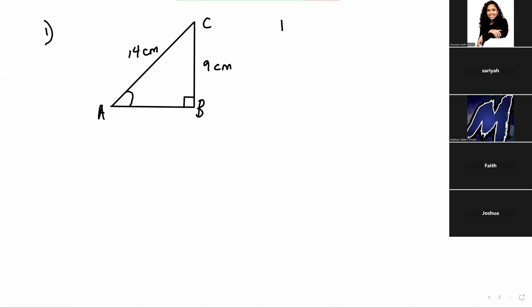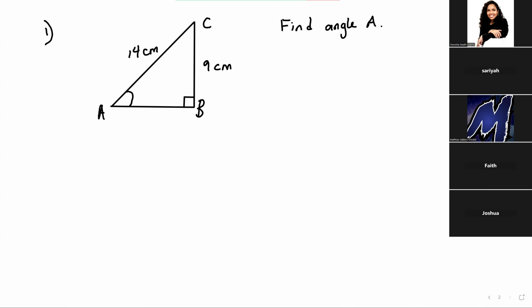So find angle A. Whenever you have a question where you need to identify or find a missing side or a missing angle using trigonometry, the first sensible thing to do is to name your sides. All right. It's really important to name your sides correctly. Otherwise, you might end up using the wrong ratio.